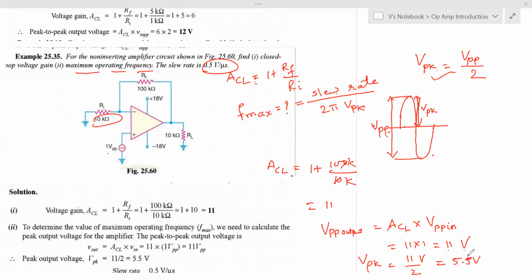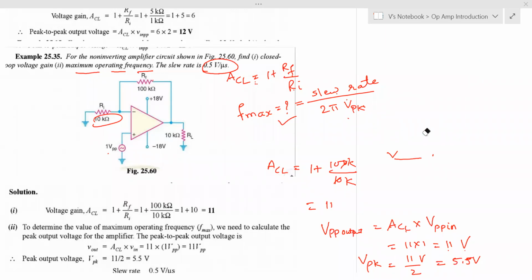Now we can substitute all these in this formula, F max. So F max equal to, what is slew rate?